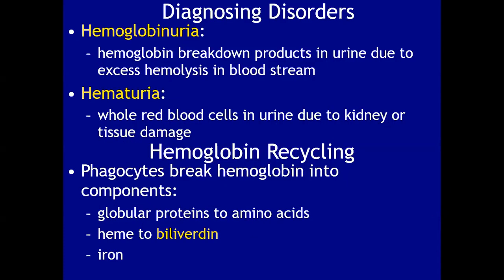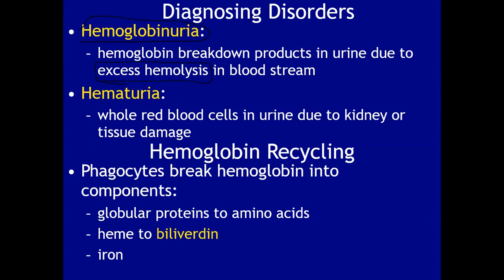So what we should never see in our urine is hemoglobin. If we do, we have a condition called hemoglobinuria. That means we have excessive breakdown of this, and because of that, we are breaking down blood cells.